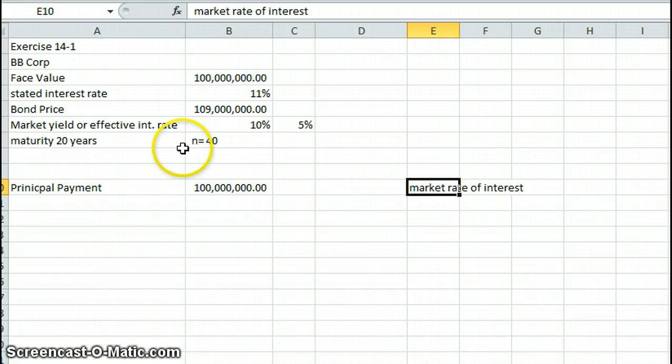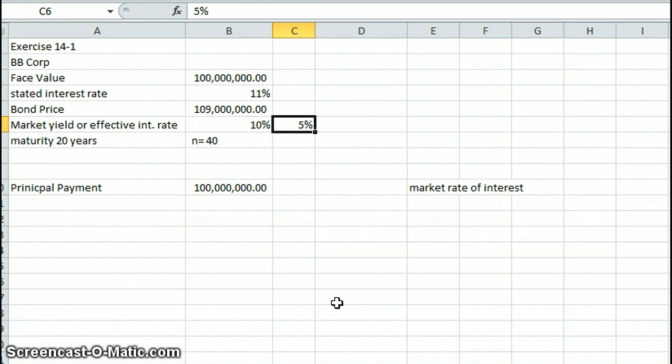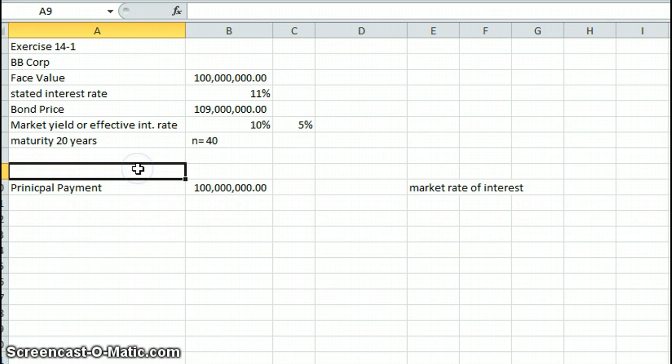And we've been told in the problem that our market yield is 10% annually, so we can divide that to 5% for the semi-annual period. And this is for investments of similar risk. So this is the interest rate that we would expect to get on investments of similar risk to the BB Corp investment. So we'll go back to the back of your textbook to Table 2.